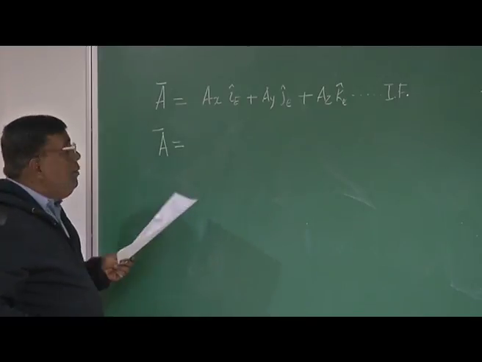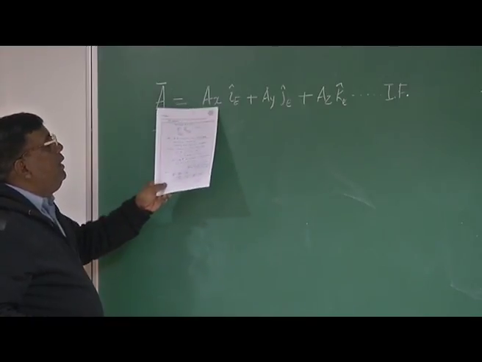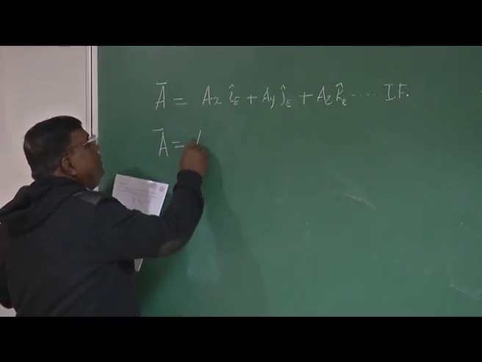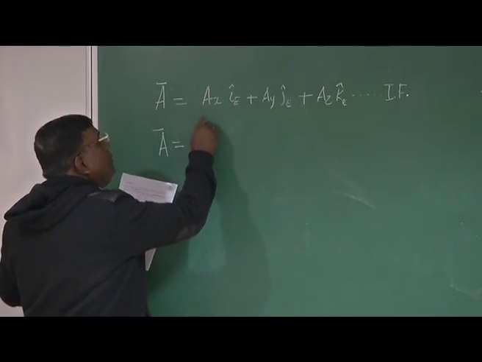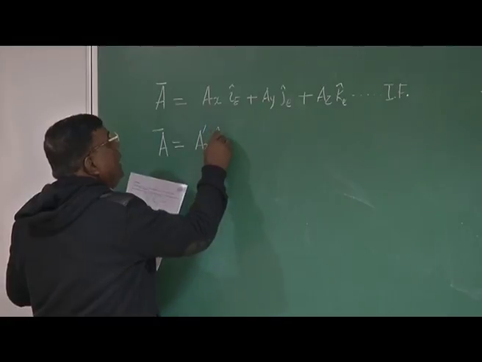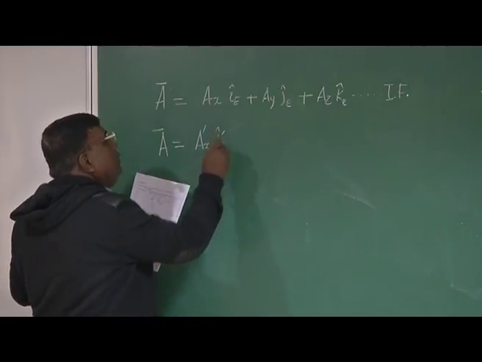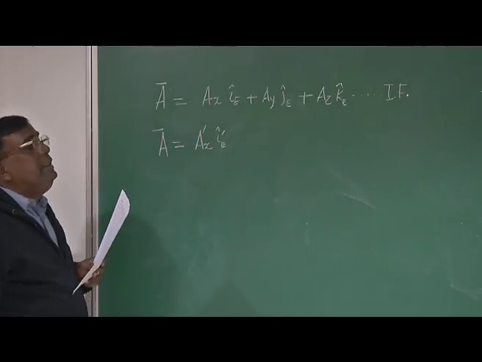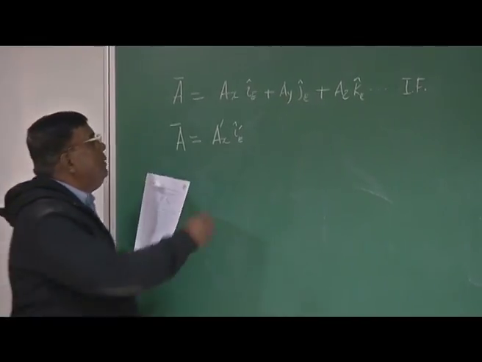In the rotating frame, the scalar components of A will be different now. So I write Ax' i' + Ay' j' + Az' k'. The moment I put a prime, it means this is referred to the rotating frame.